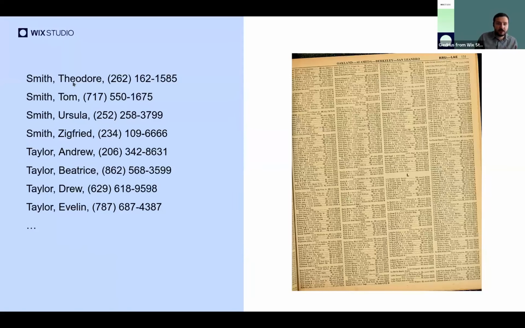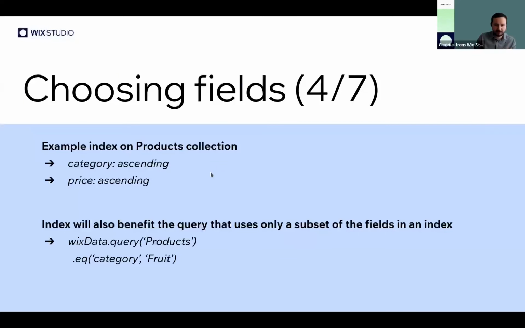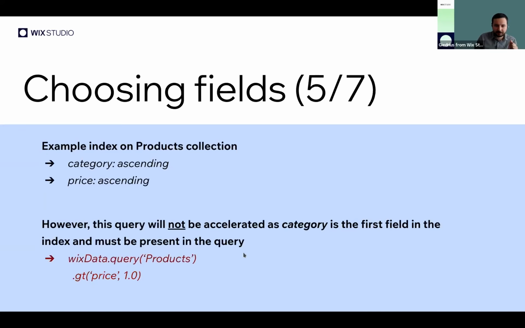If I wanted to find all Theodores, I can't, because Theodores are all over the place since they have different surnames. First we sort by surname and only then by name. So such an index wouldn't help. It's exactly the same principle in the database. As in that example, querying just by category is going to be accelerated by the index, and it's going to be very fast. And querying just by price will not.